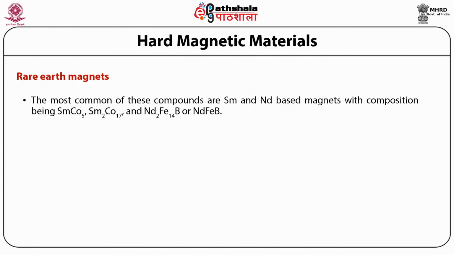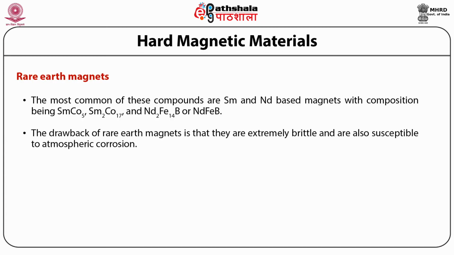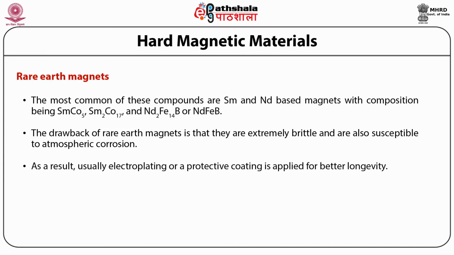Other common compounds are samarium-based and neodymium-based magnets having compositions of SmCo5, Sm2Co17, and Nd2Fe14B or NdFeB. The drawback of rare earth magnets is that they are extremely brittle and are also susceptible to atmospheric corrosion. As a result, usually electroplating or a protective coating is applied for better longevity.